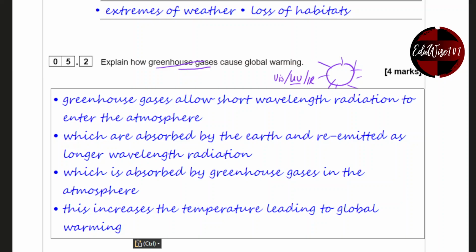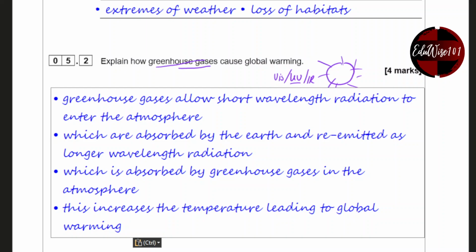When we are talking about short wavelength, we are talking about UV light, which is absorbed by the Earth and re-emitted as longer wavelength radiation, which is infrared radiation, which is absorbed by greenhouse gases, which is the CO2, in the atmosphere. This increases the temperature, leading to global warming.